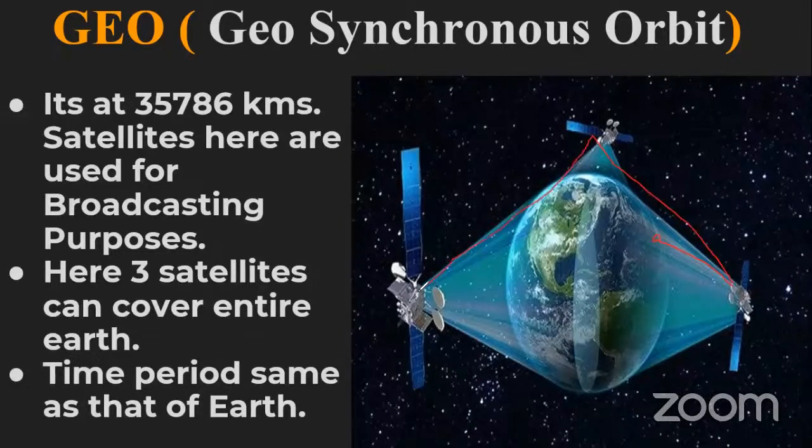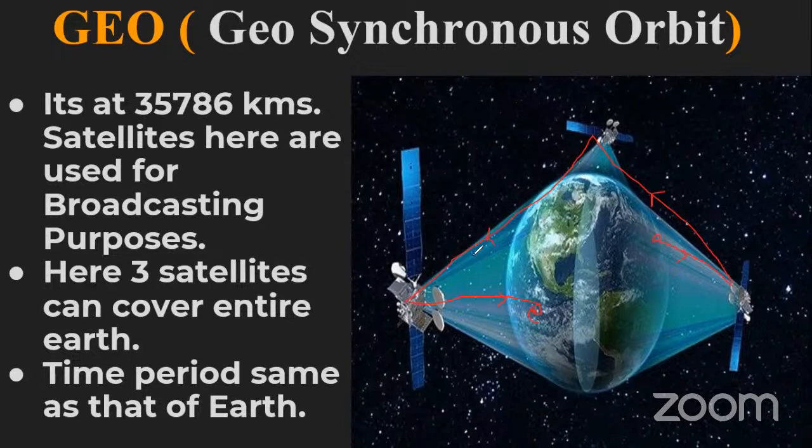Then the signals are passed to this satellite, and you are there in this part of the world, and you are receiving this particular signal, because of which you are able to hear me and see me now. You are able to see my presentation. This is happening because of these geosynchronous satellites, or the broadcasting.